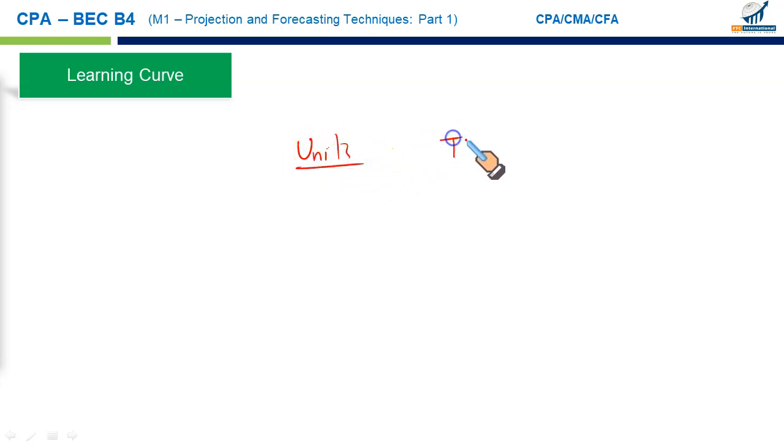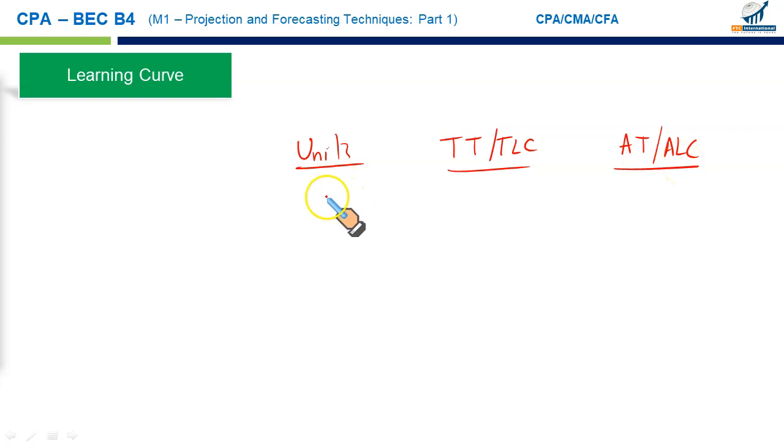Second column will be for the total time or sometimes total labor cost. And the last column will be the average time or the average labor cost. Remember, learning curve is applicable on labor only in the CPA context. We are not talking about machine learning or artificial intelligence. We are talking about the learning by human beings. So remember these three columns: units, total time or total labor cost, average time or average labor cost.